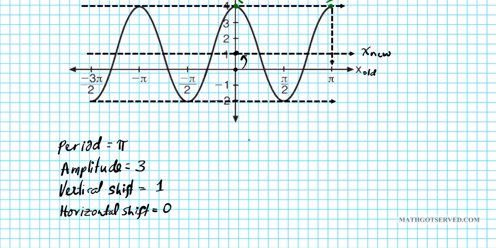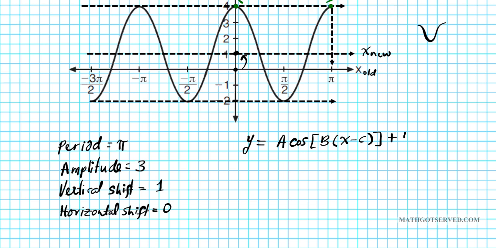Step 3, we're going to write down our equation. y equals a cosine b times the quantity x minus c plus d. This is a cosine function. Remember what your cosine function looks like. It's like a cup. And even the problem tells you that it's a cosine function.